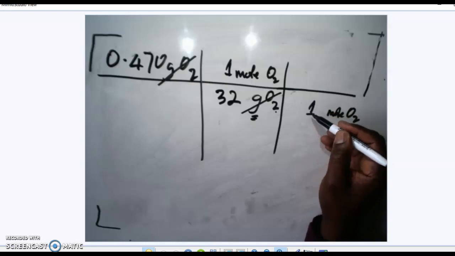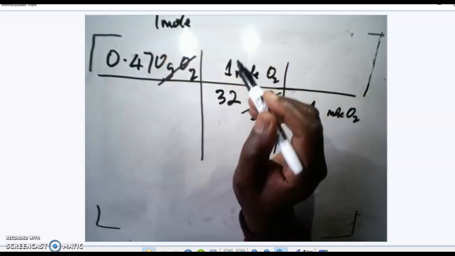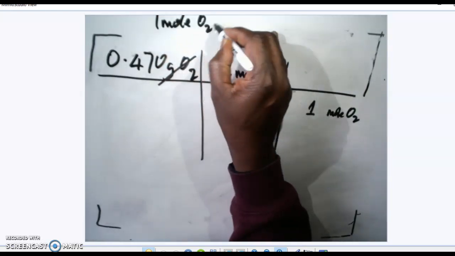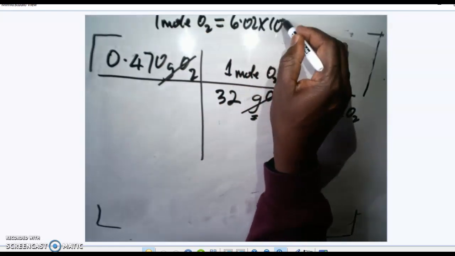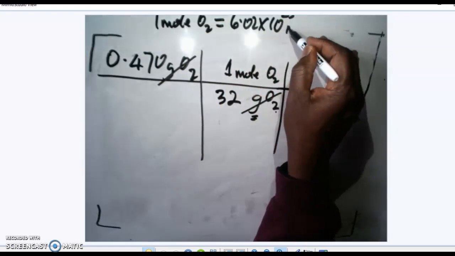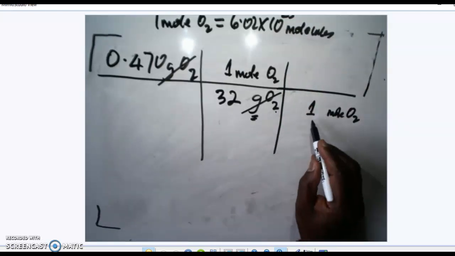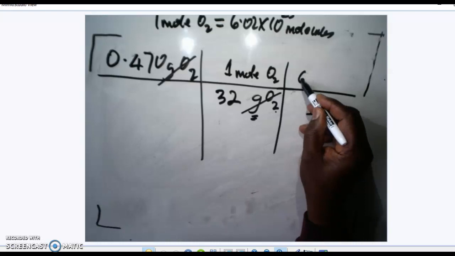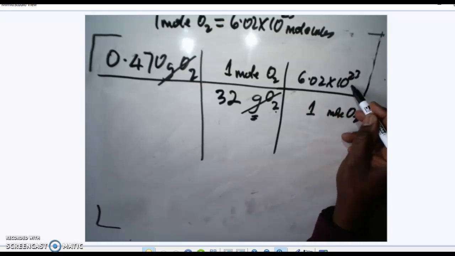Now remember, our Avogadro's number says 1 mole of any substance, such as oxygen, contains 6.02 times 10 to the 23rd molecules or particles or atoms. So if 1 mole of oxygen contains that, you write 6.02 times 10 to the 23rd particles here.